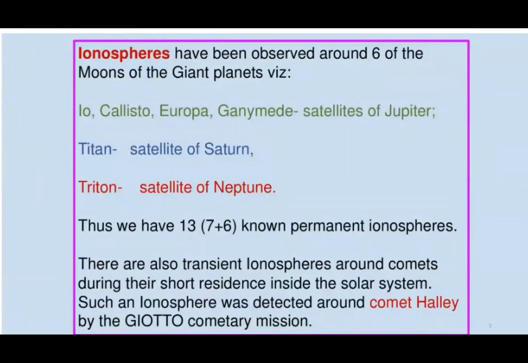Similarly, the satellite of Saturn, Titan, also has an ionosphere. Then the satellite of Neptune, Triton, also has an ionosphere. Thus, we have totally 7 planetary and 6 satellite ionospheres. So a total of 13 permanent ionospheres.